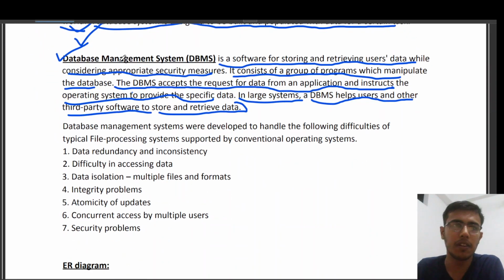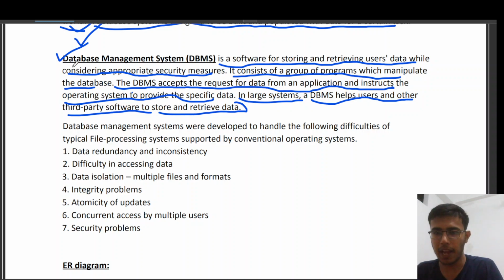So, in simple words, what is DBMS? DBMS basically stands for database management system. A database management system is basically a software that basically stores the related data, or that stores the database.